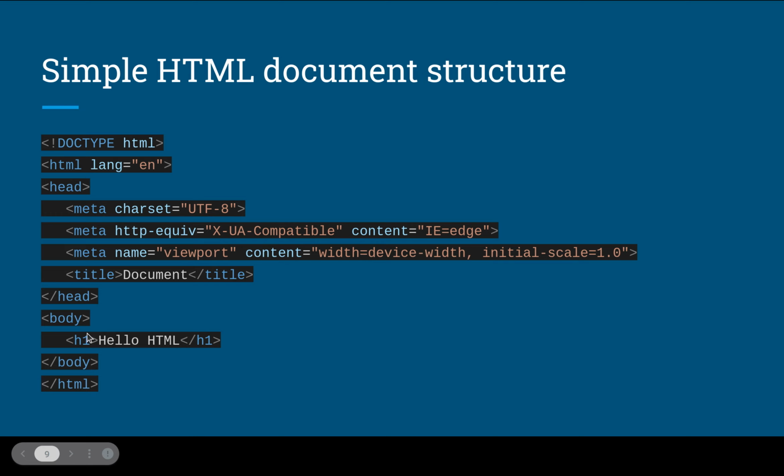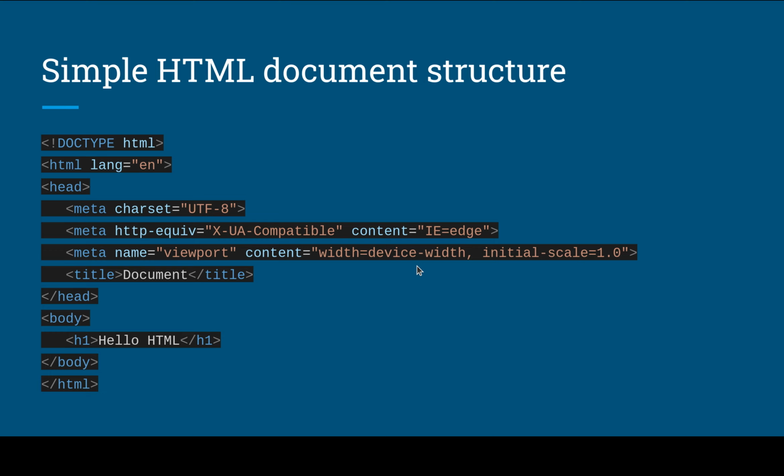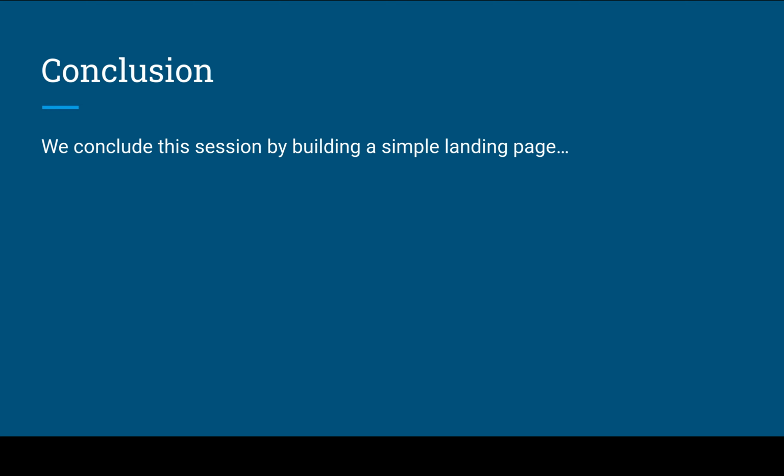Like I said, everything in this body tag is what would be visible to the user. And moving on, oh, I think this part was supposed to show the output, like when you render this thing on the browser. I don't know why it's not showing, but yeah.